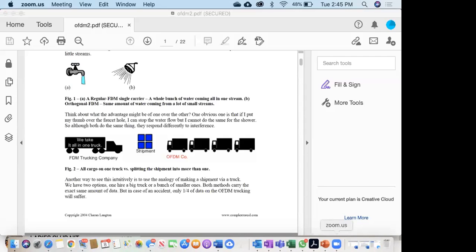In BPSK, the two symbols are separated by distance, right? One is on the right side, another is on the left-hand side. And we have also derived the probability of error equations. I can show one of my notes.